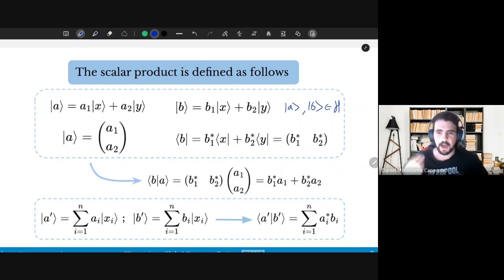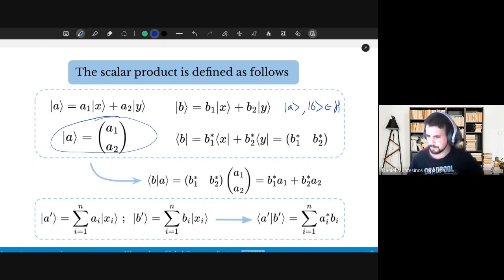So if I use the matrix representation, this vector will look like this, the same as we have done before. But when we use the bra vector, we have to do the same as before. We have these bras here, and we also do the complex conjugate.